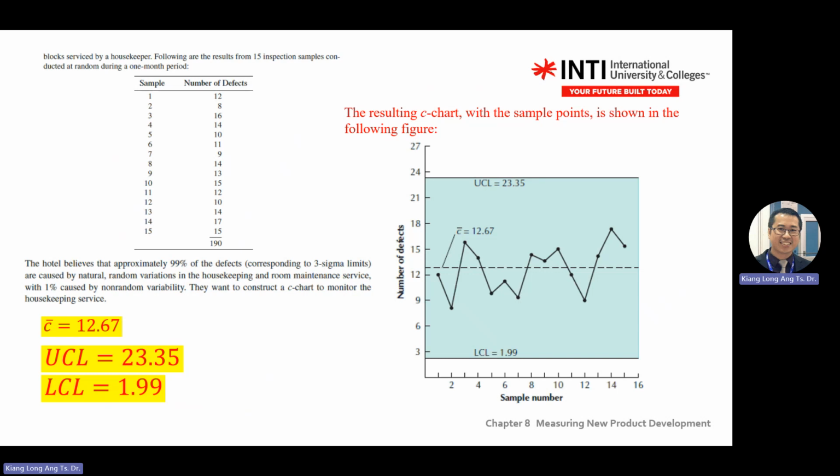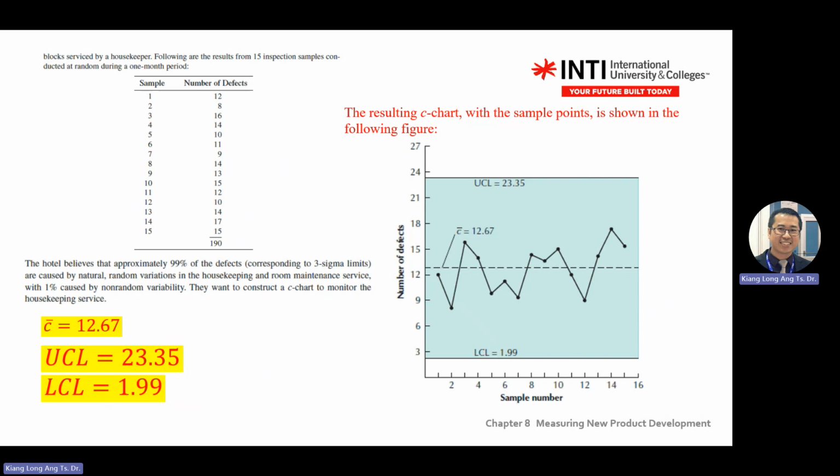So if you look at the C chart, is there any problem? Is the process in control? Yes or no? Is the data in control? In control, out of control?